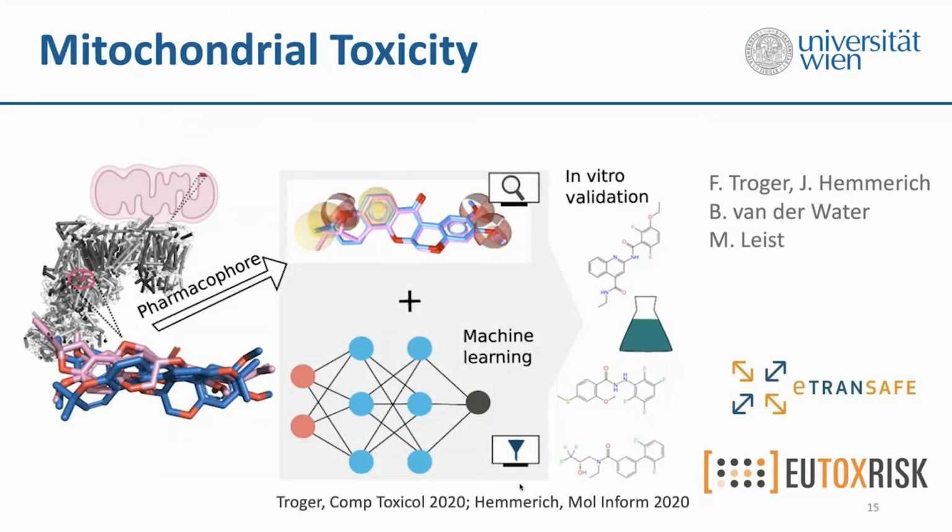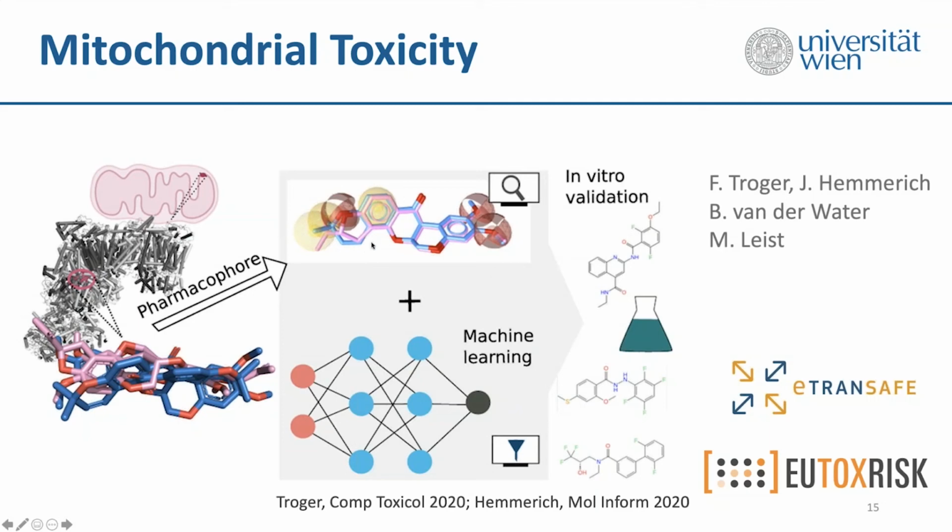What also very recently came out, I guess 1 or 2 weeks ago, is our study we did in EU-ToxRisk on respiratory complex 1 on mitochondrial toxicity. What we did here is we combined ligand-based and structure-based design.